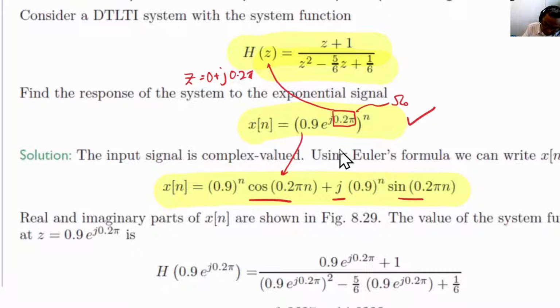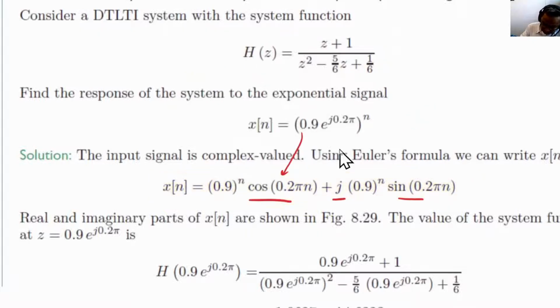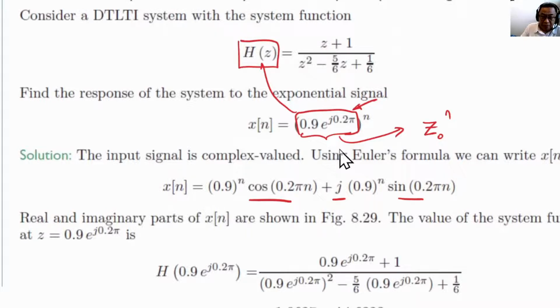In this particular case, because the input is the entire signal, z0 to the power of n, we should substitute this entire value as z here to get the frequency response at this particular z.